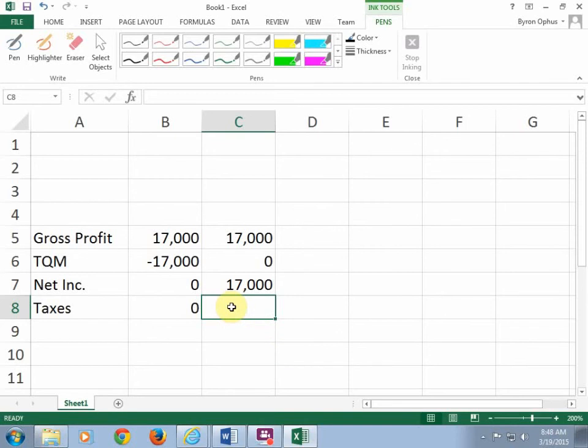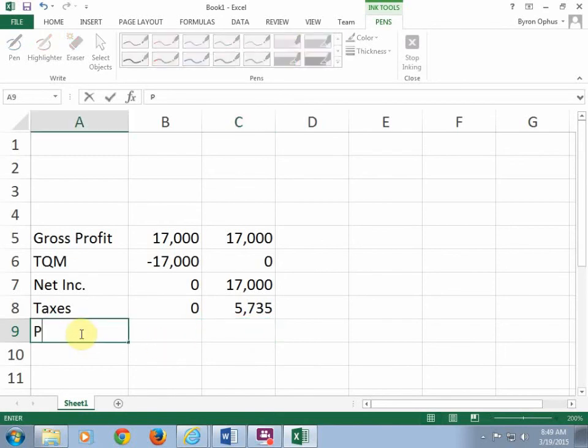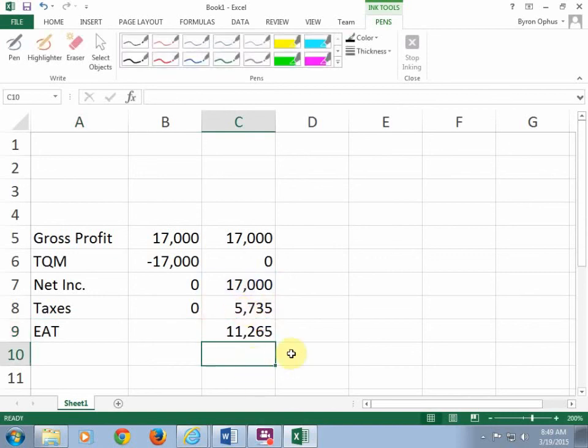Sure, make the math a little bit more difficult. So that would be 5.1 plus 635,000. Yeah, 5.1. So 5.735 million in taxes, right? So they would still show an after-tax profit of whatever that is.